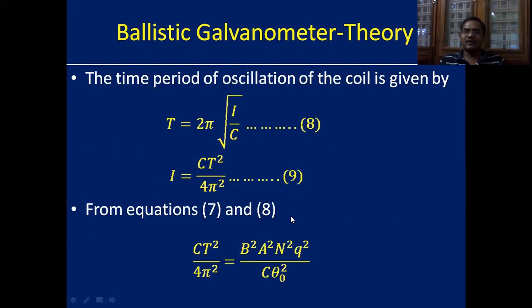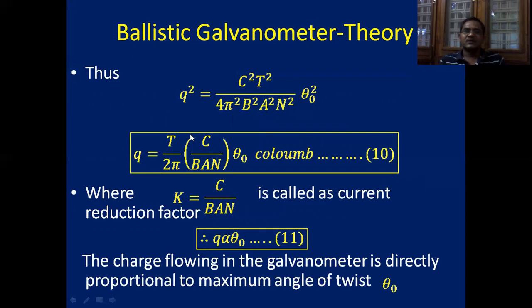From equations 7 and 8, we can write C T square by 4 pi square is equal to, with the I value substituted, B square A square N square Q square by C theta naught square. Therefore Q square is equal to C square T square by 4 pi square B square A square N square into theta naught square.